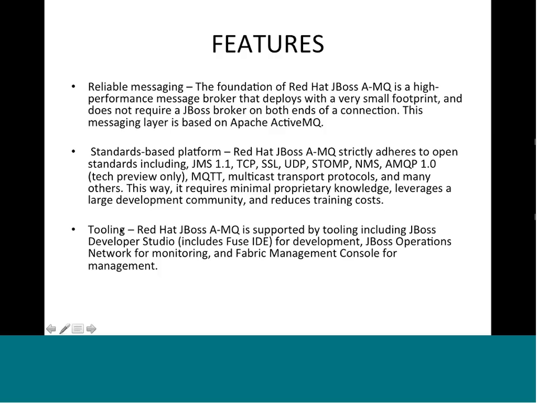Right, now comes tooling. Inbuilt tools will come along with Fuse IDE for development. Apart from that, you can also use JON, that is JBoss Operations Network, for monitoring, and Fabric Management Console for management. So we'll see this Fabric Management Console in a couple of minutes.